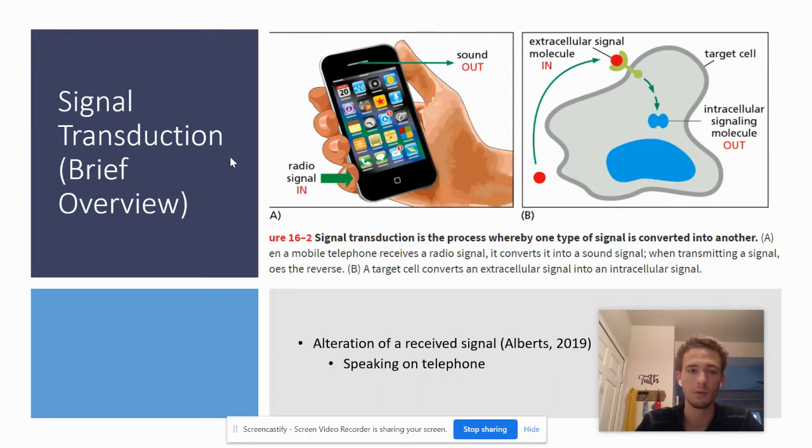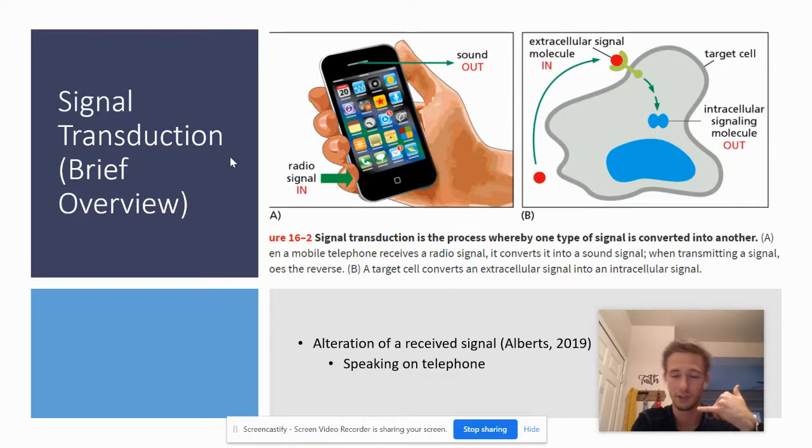So a brief overview about signal transduction in general. The reason signal transduction occurs is because we need to transfer some type of information into some other type of information. So for example, everybody has a cell phone. Your cell phone is specifically linked to a specific wavelength of radio frequencies where the radio signal will actually come in, perhaps from a phone call.